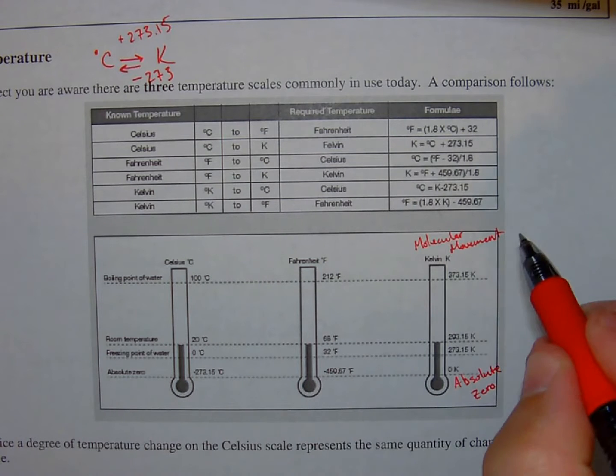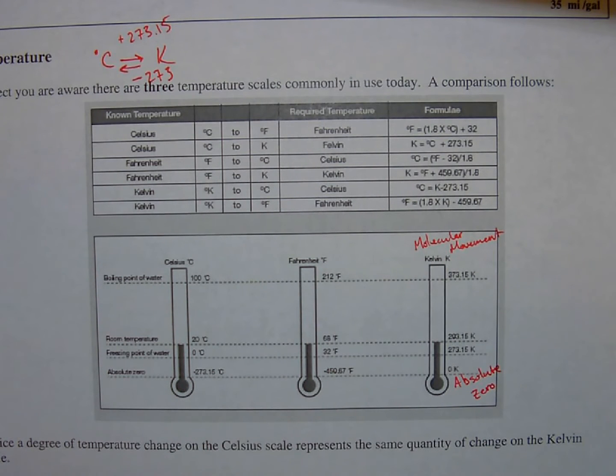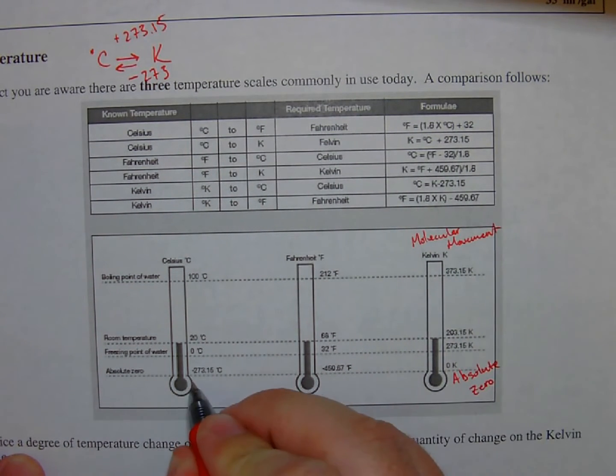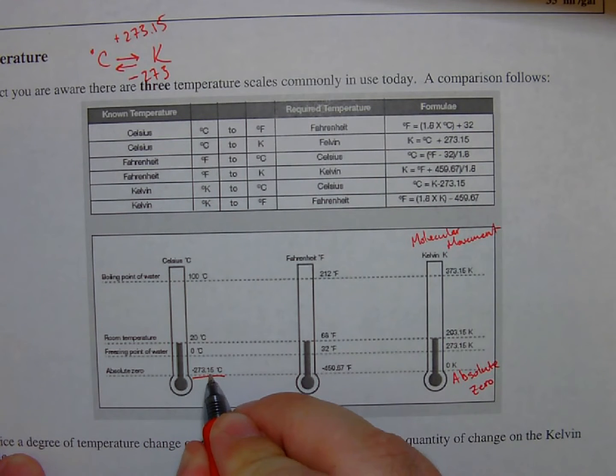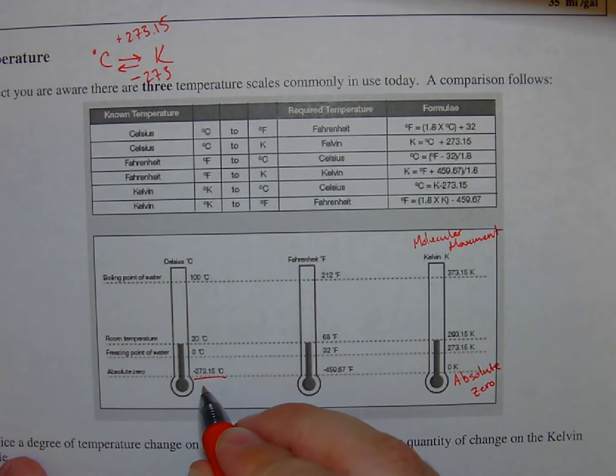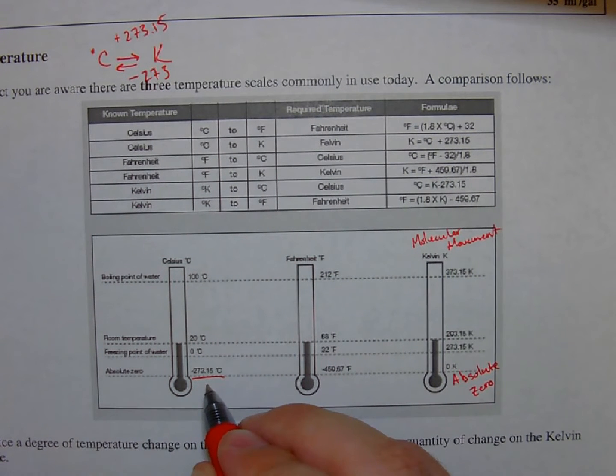Now, to be perfectly honest, a few years ago, this absolute zero, which was thought to be 0 K, being minus 273.15 degrees Celsius, somebody in a lab was actually able to make this just a little bit colder, just a couple of decimal points colder.